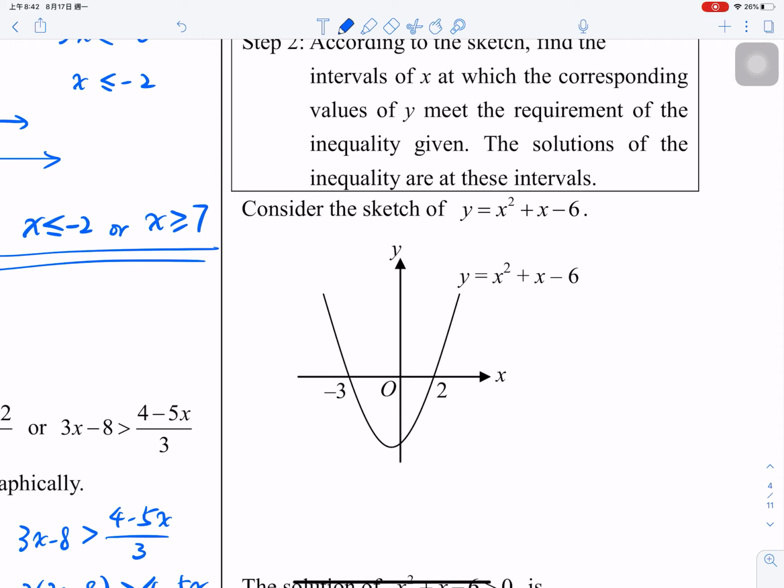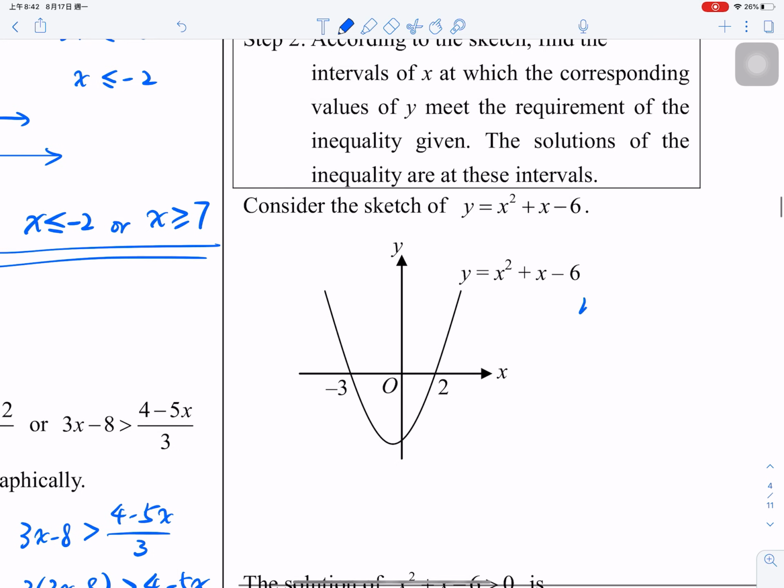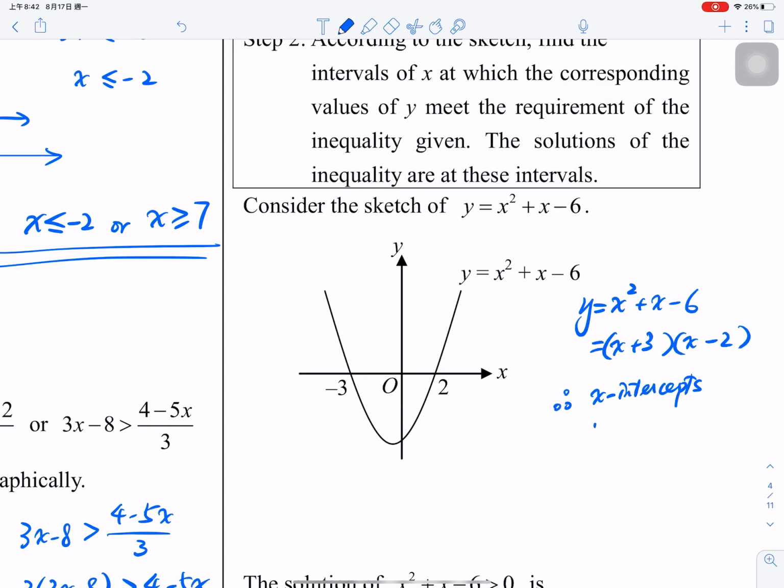Actually, how can we get these two intercepts? I can teach you here. Here y equals x squared plus x minus 6. Can you factorize this? Yeah, x plus 3, x minus 2. That means the x-intercepts are negative 3 and 2, right?